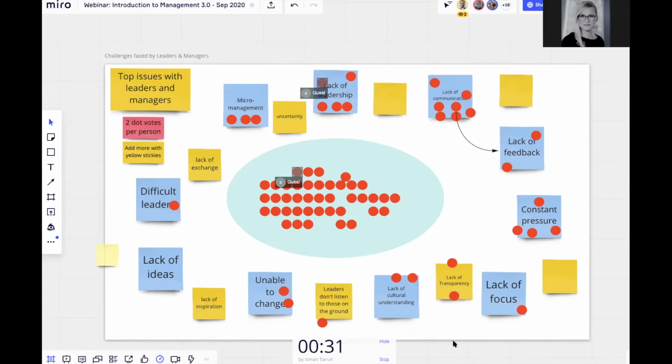Isman, if it's okay with you, I wrote two lacks there. So it's one, uncertainty, well, lack of exchange and lack of inspiration. What we discuss a lot in leadership circles that I'm in is that there is a lack of leadership circles where top CEO leaders can really exchange and get inspiration from others. I think sometimes if you're on top, you're not getting feedback, you don't really have an exchange partner, depending on company, organization, culture, and so on.